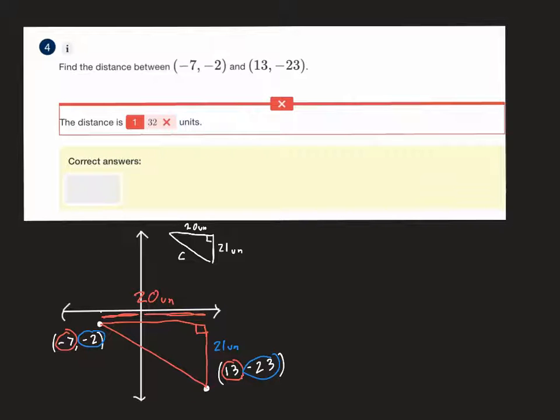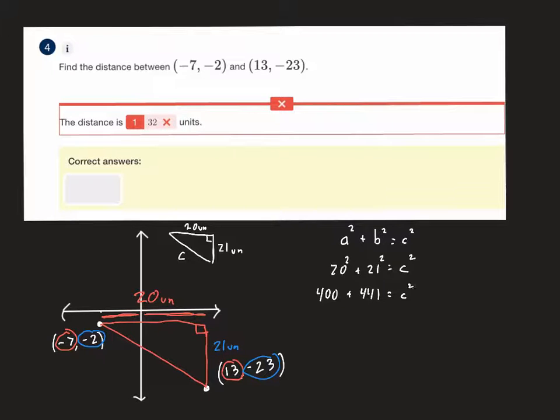Now I go into the Pythagorean theorem. A squared plus B squared equals C squared. A we'll call 20. B is 21. C we do not know. 20 squared, don't need a calculator for that. 400. 21 squared I kind of do. 21 squared, 441.